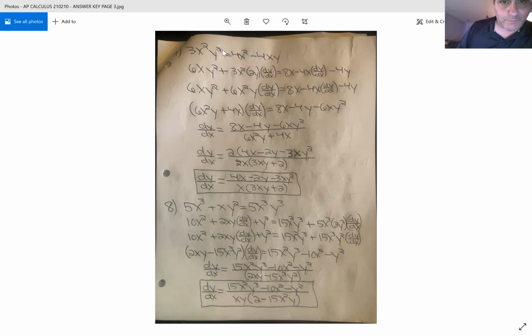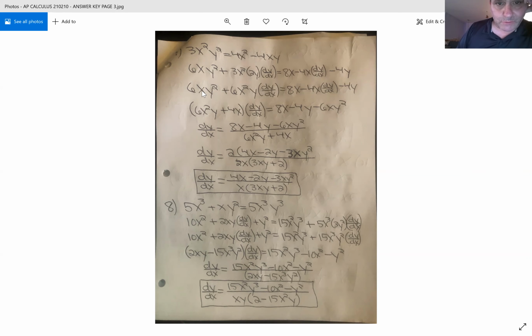Then I take the derivative of y, which is 2y times 3x squared, and I have to add a dy/dx in there. 4x becomes 8x, minus 4xy becomes negative 4x times dy/dx, and then plus negative 4y times 1. Then I solve for dy/dx.